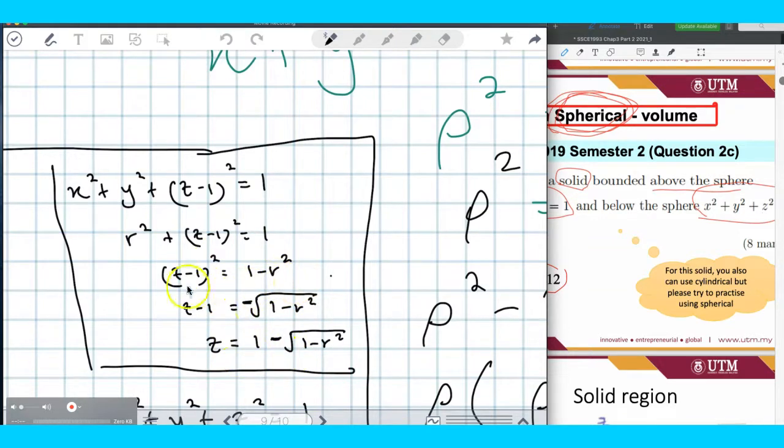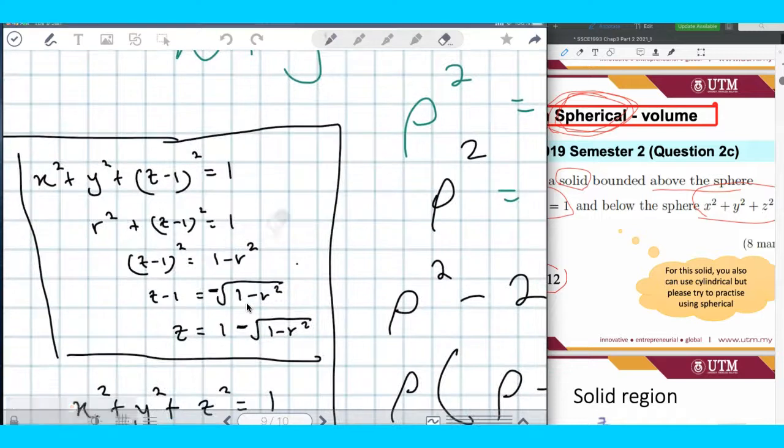Here you have to be careful. When you have z minus 1 squared equal to 1 minus r squared and you take the square root, you have to consider whether it is positive or negative. You cannot have both at the same time; you have to choose either one.